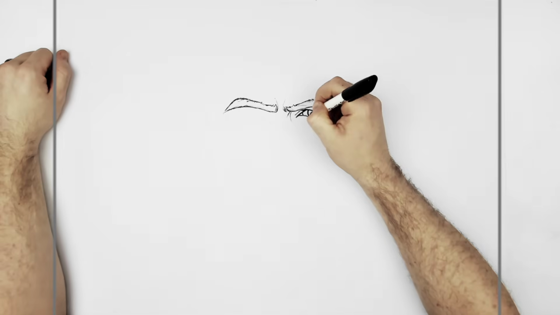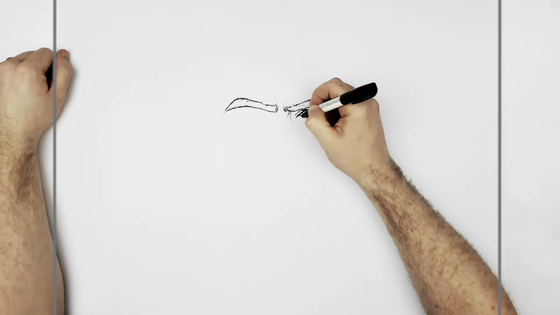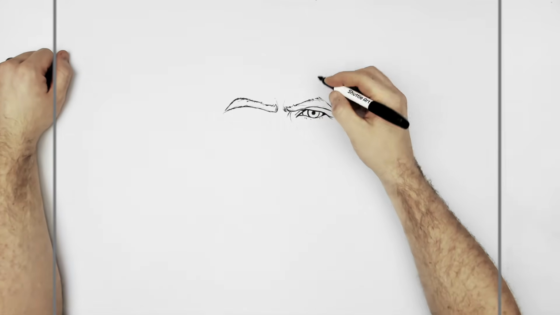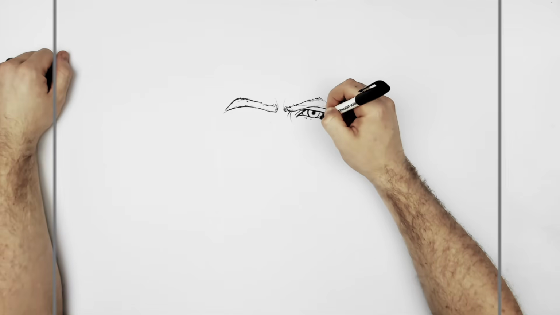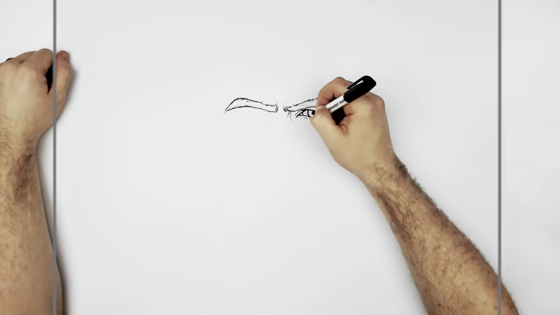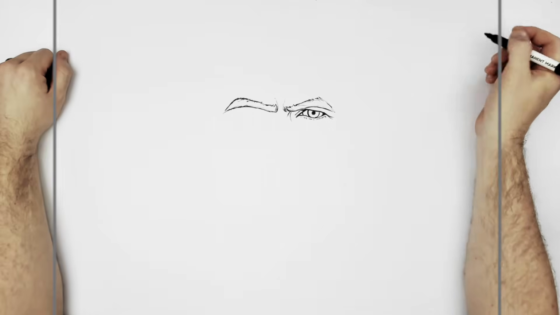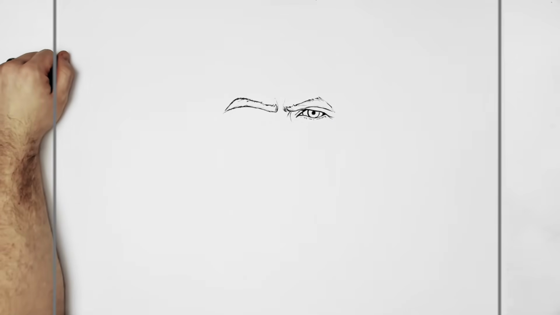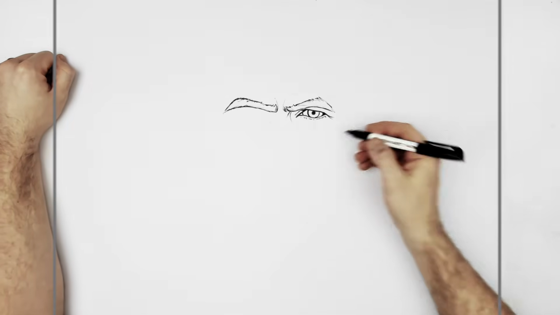Right, let's see. Eyelashes kind of down here, little ones sticking off as well. Right, and then a bit of a bag underneath his eyes, I think. Yeah, sort of.